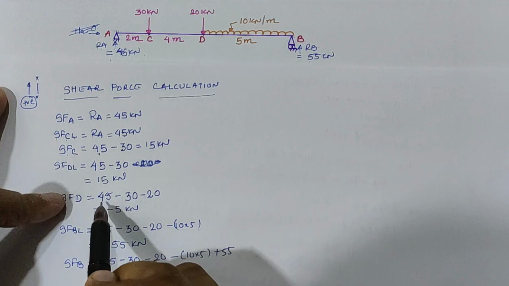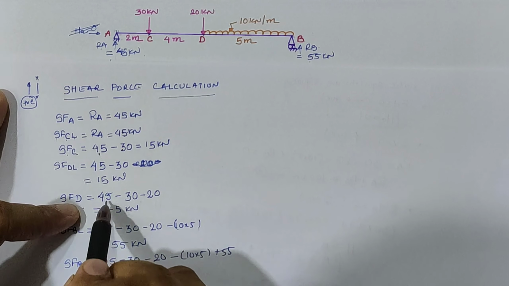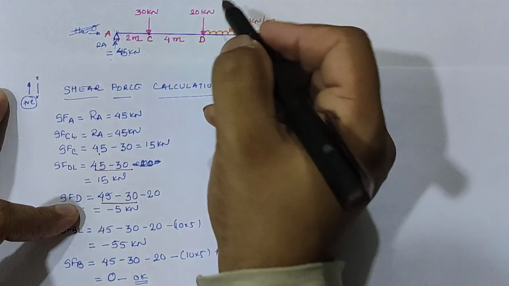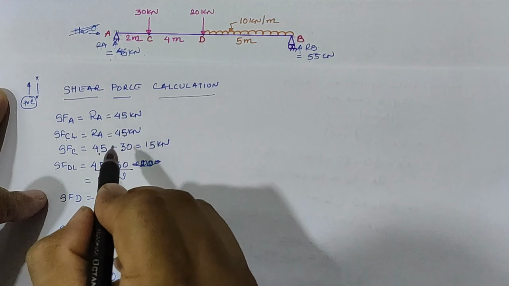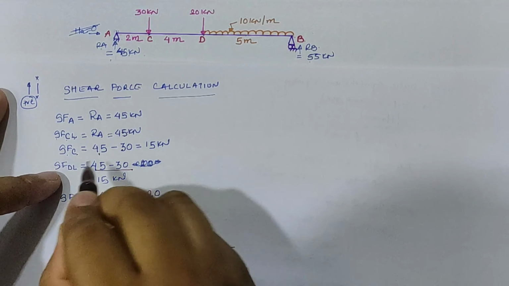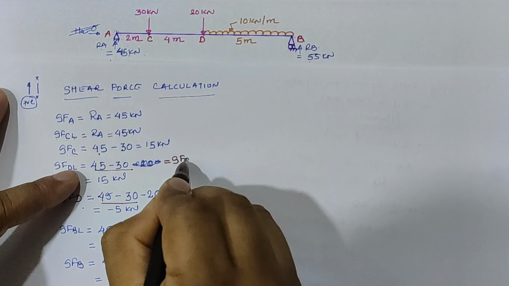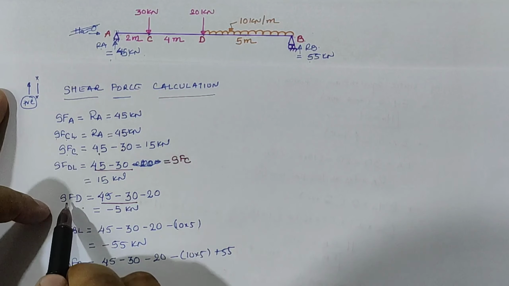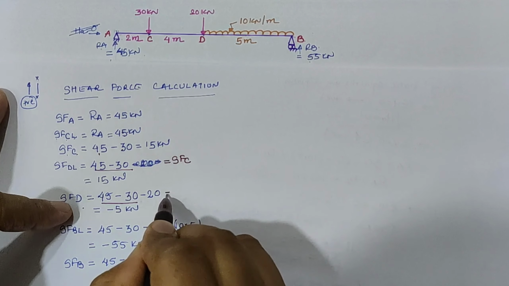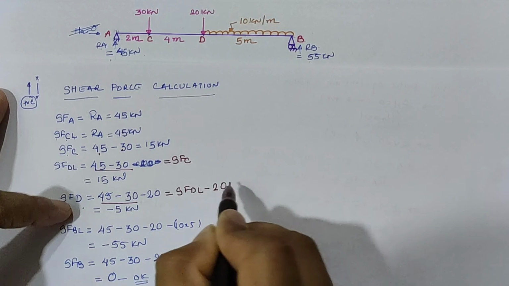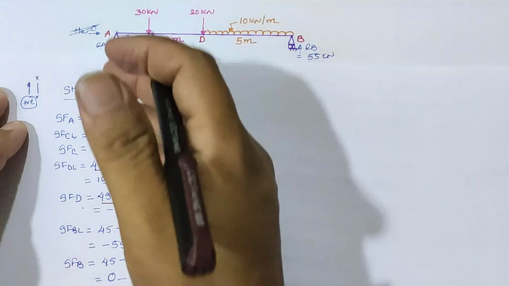And if we go ahead to point D, then 45 minus 30 is the repeating value and 20 is the newer load, so minus 20. So from here we can say that SF at D left is equal to SF at C. Similarly, exactly on D, we can put the value as SF at D left minus 20, or we can say that all values are repeating.